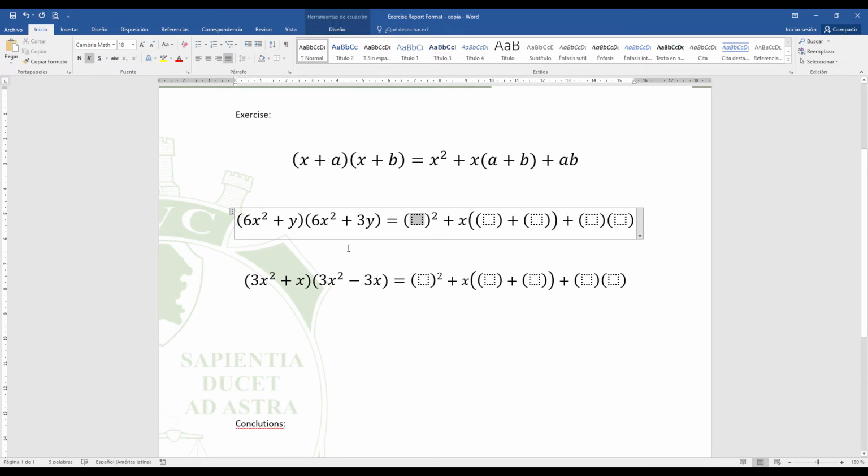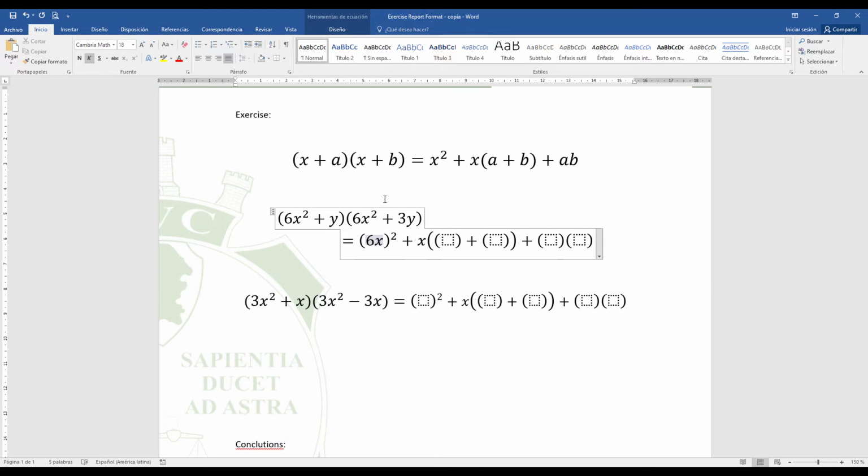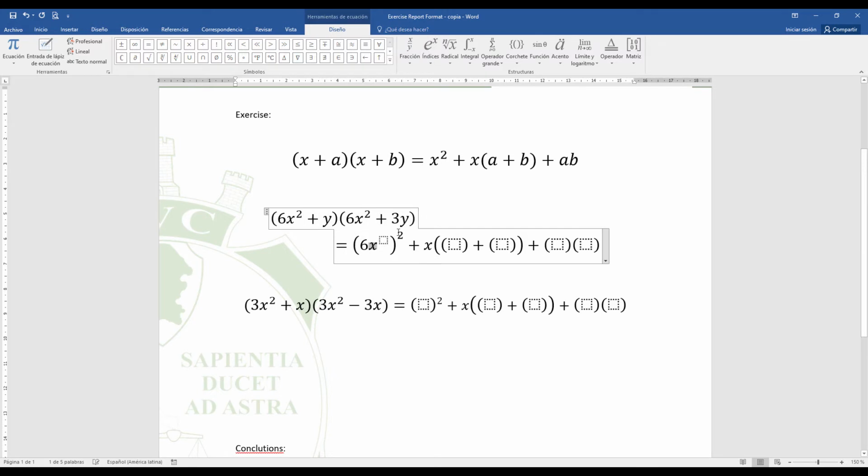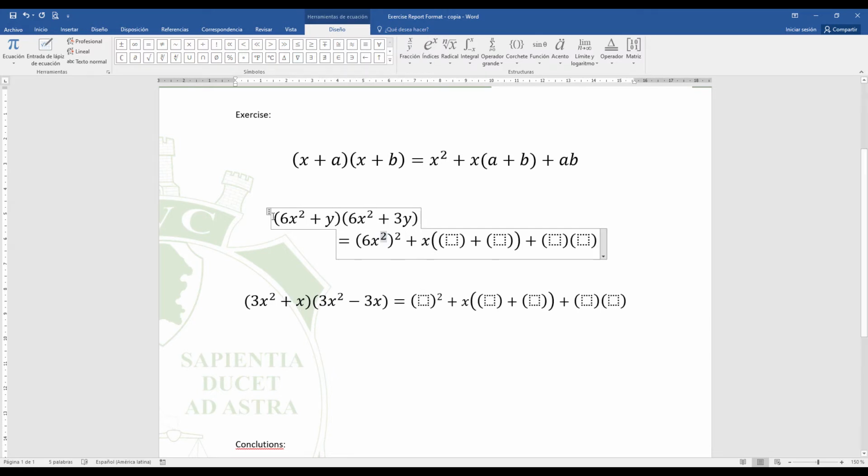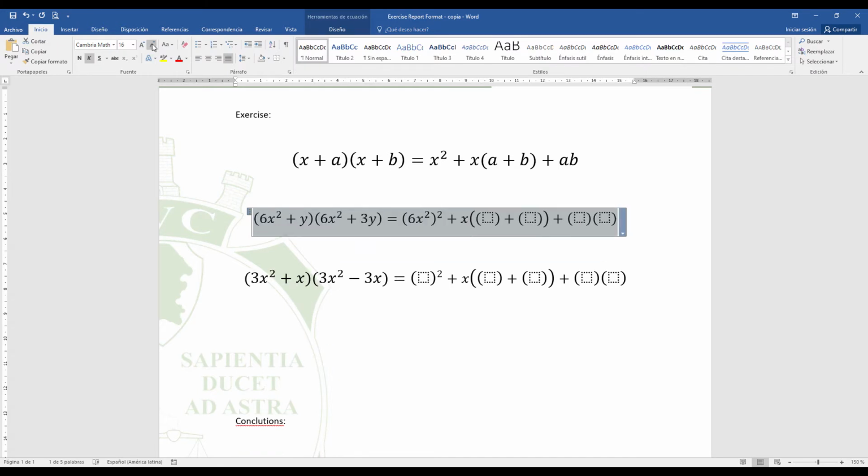So you look here, what means the x is the common term or the common factor. What is the common factor or common term? It is the term that appears in both binomials. In that case it is 6x squared. Let me reduce a little here.